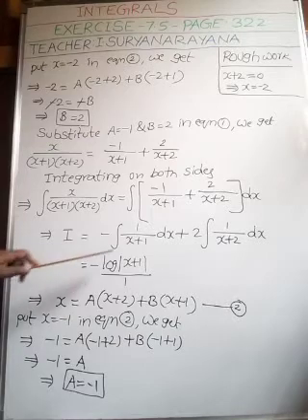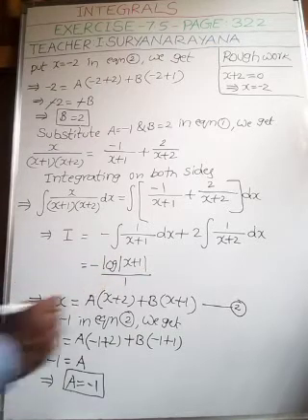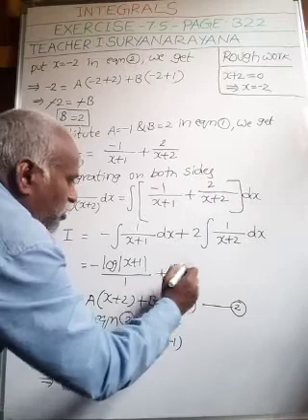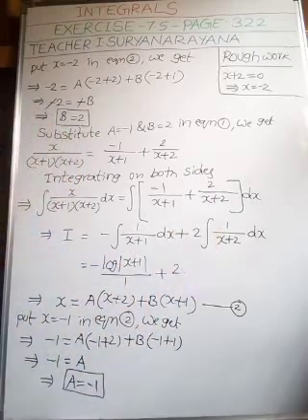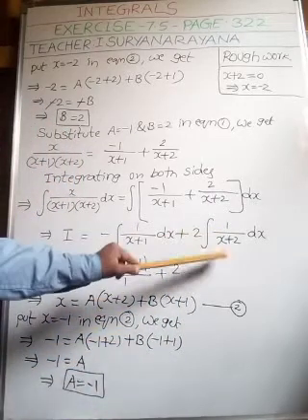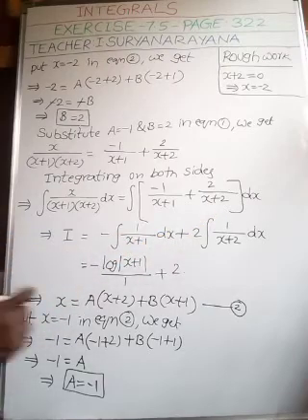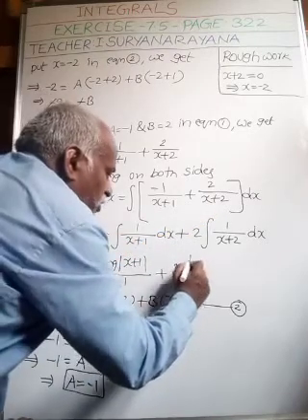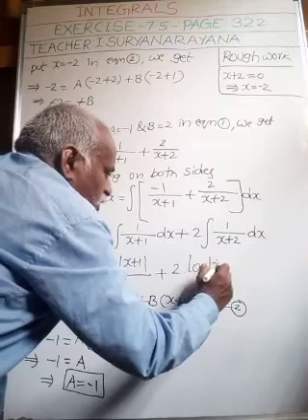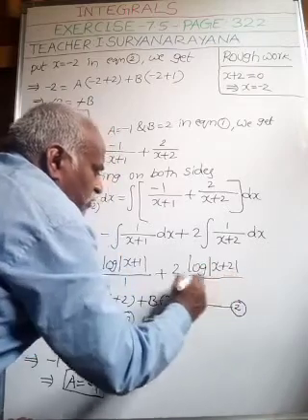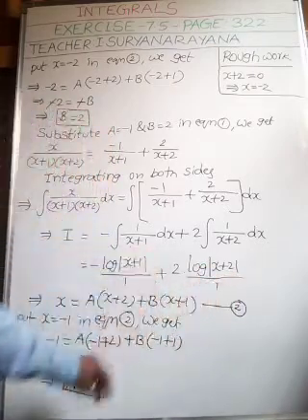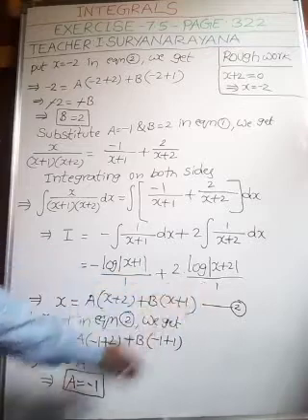Understood this first term, right? Plus 2 into it, this is also in the form of integral 1 by ax plus b, a linear expression, log mod x plus 2 by coefficient of x is 1. Understood this step, my children?